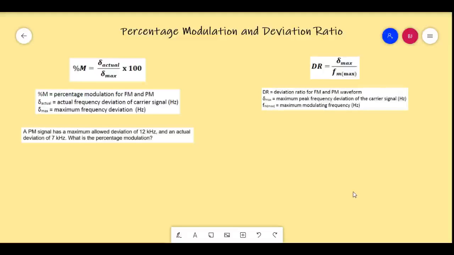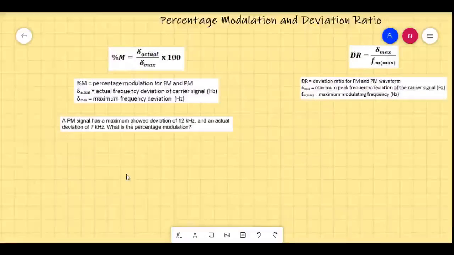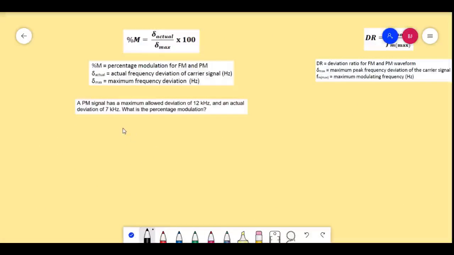So it's just as simple as dividing our actual frequency deviation by the maximum allowed deviation. In that case, in our given here for PM, we have a maximum allowed deviation of 12 kilohertz.